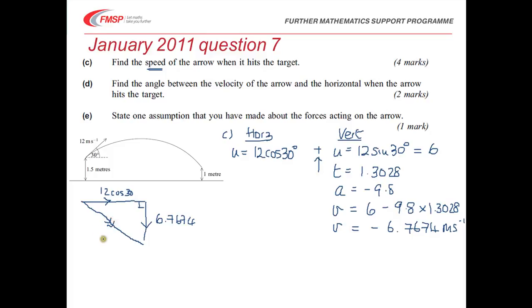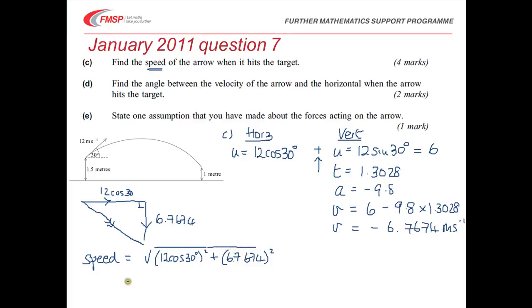So the speed is going to be equal to the square root of, just Pythagoras' theorem, nothing more, the square root of 12 cos 30 all squared plus 6.7674 all squared.